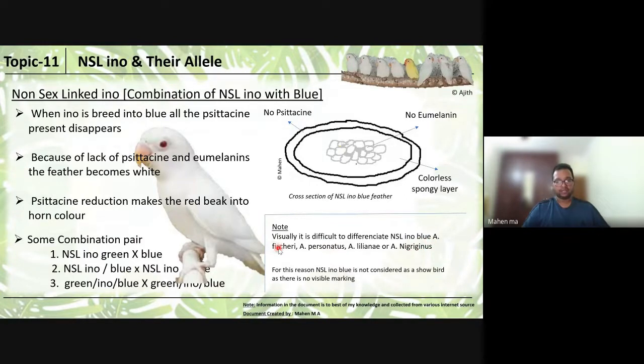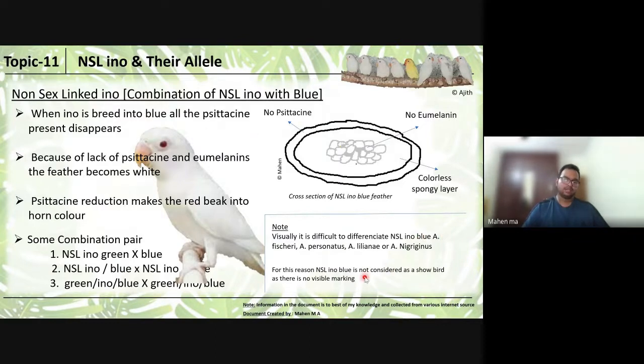For example, you take fischeri, you take personata, lilianae or nigrigenis. All the birds will look like the same bird. So when such kind of ambiguity is there, when you're not able to decide what kind of bird it is, such birds are always not entertained in the shows.